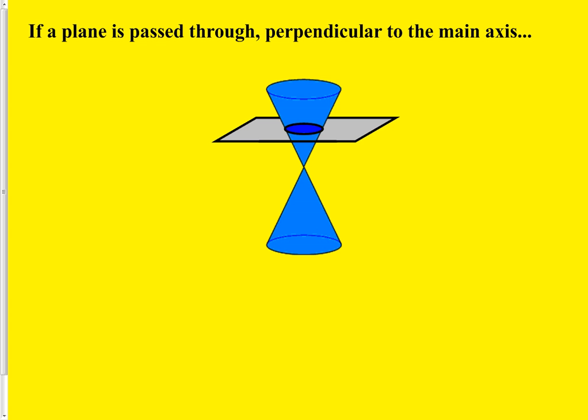The plane can pass through anywhere in the double napped cone as long as the main axis that runs through the cone and this plane form a right angle with each other at that intersection. So that's the graphic that would show what this definition says.